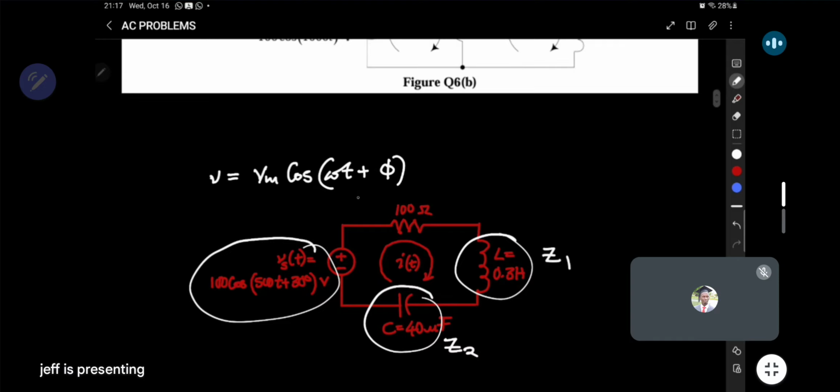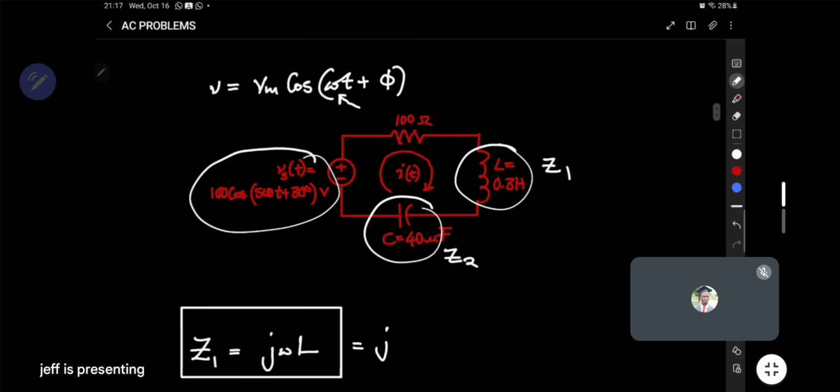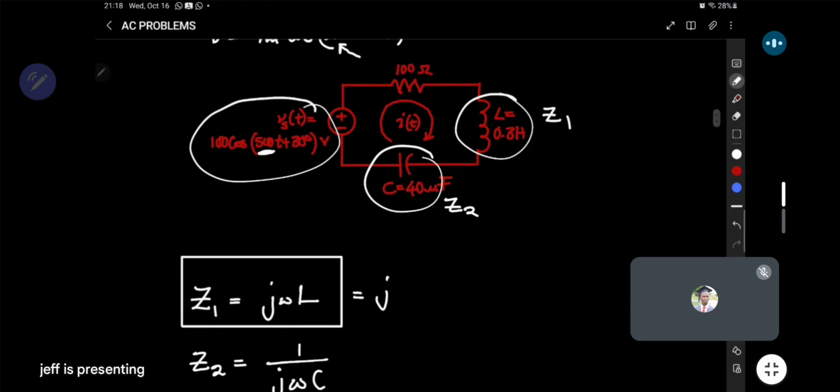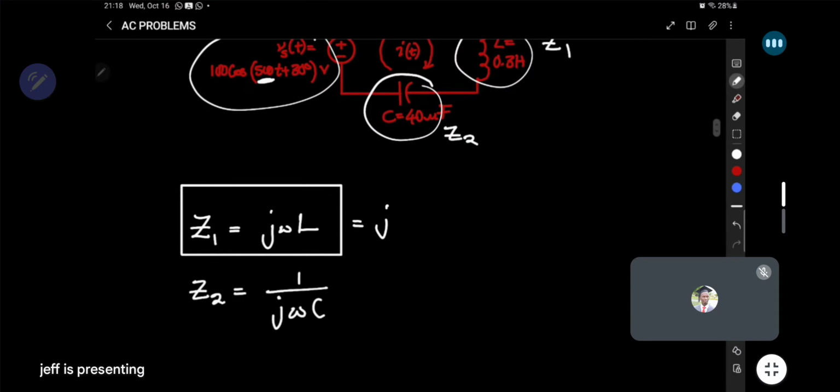So here the angular frequency is going to be the coefficient of the time variable there. Based on this, the coefficient of the time variable in this case is 500. So because of that, omega is going to take the value 500.